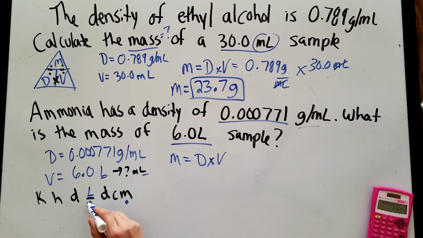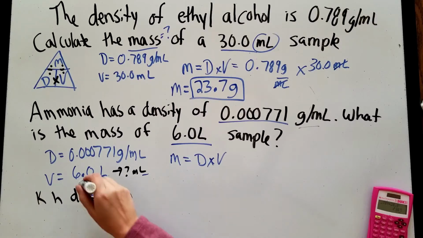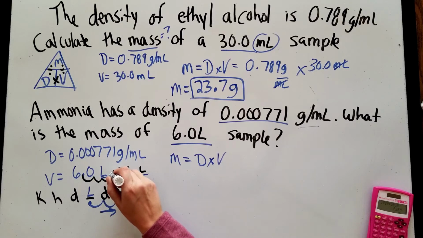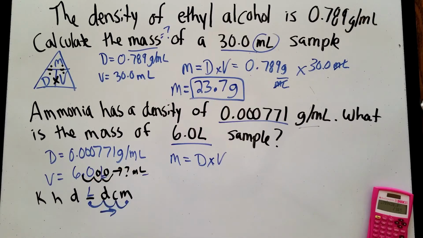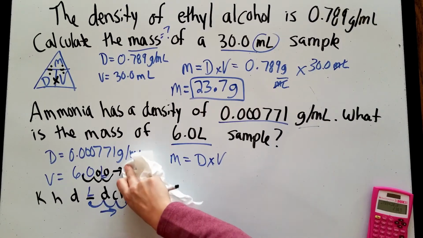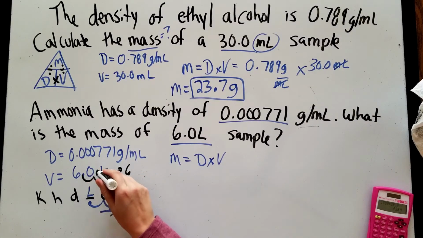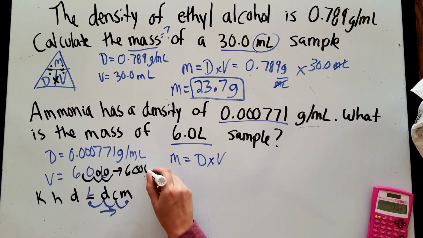So to get there, I'm going to move the decimal 1, 2, 3 times to the right. So do the same thing up here, starting with the original number. I'm going to move it 1, 2, 3 times to the right, and then add zeros in those spots. So this goes from 6 liters, is equal to 6,000 milliliters.